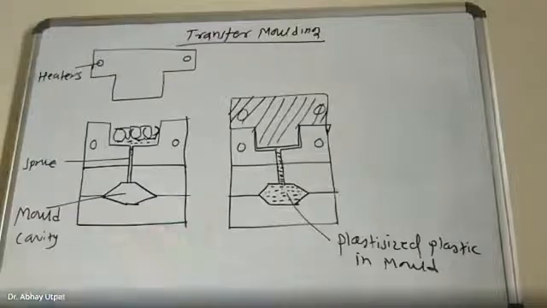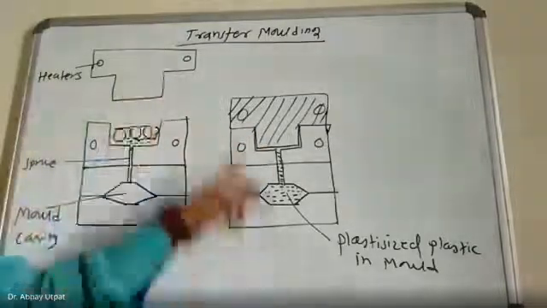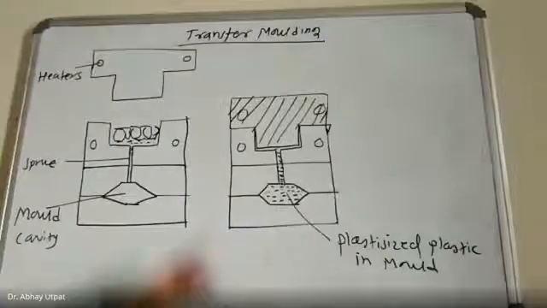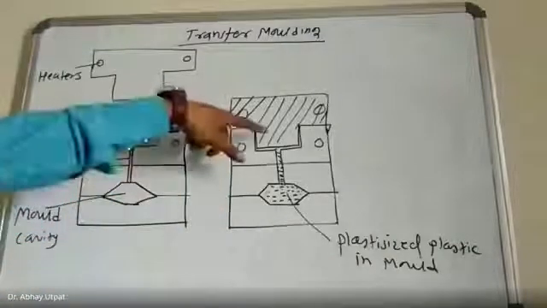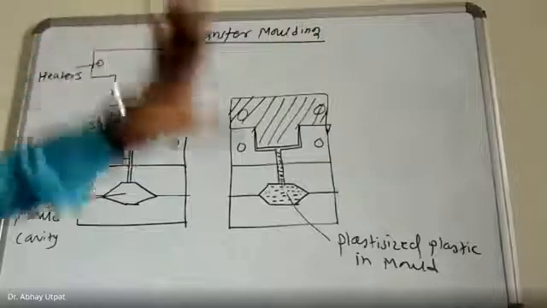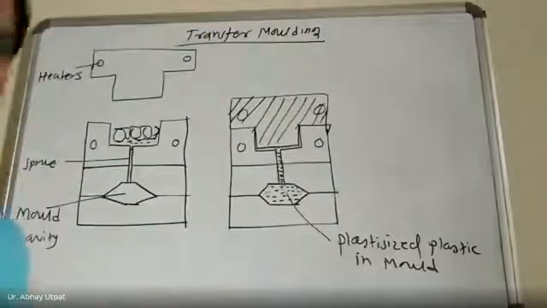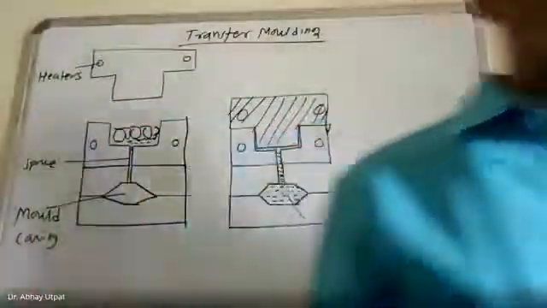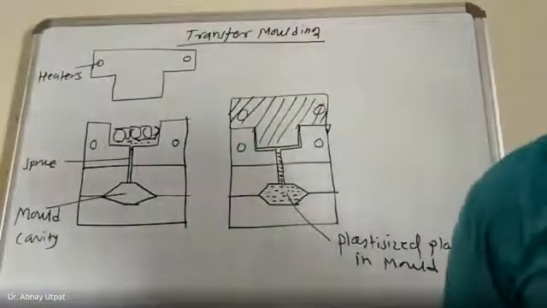It is provided with ejector pins. Once you open it, you eject the component, and in the meantime, in the upper side you can keep your plastic for plasticizing, and then this cycle continues. So transfer molding works on this principle.